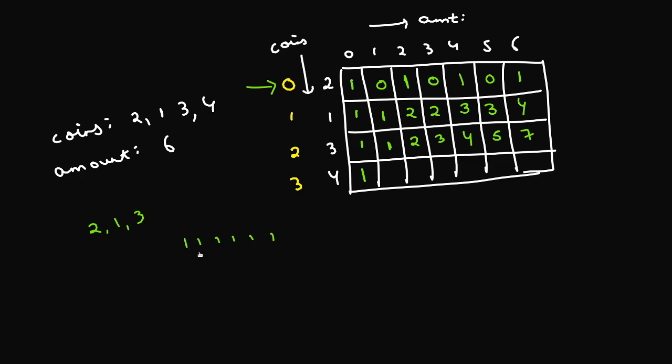Maybe I can just combine these two. So this is 2, 1, 1, 1, 1. That's second way. 2, 2, 1, 1. Third way. 2, 2, 2. That's a fourth way. Another way can be this, or another way can be 1, 2, 3.